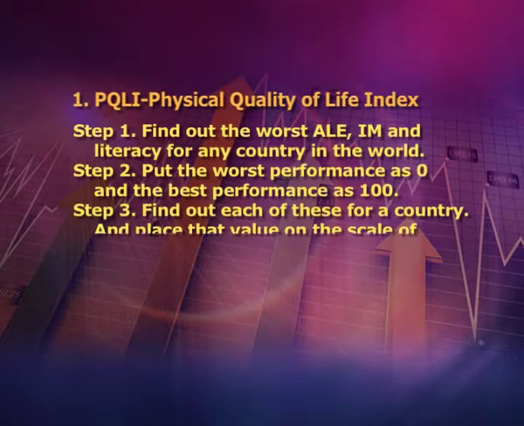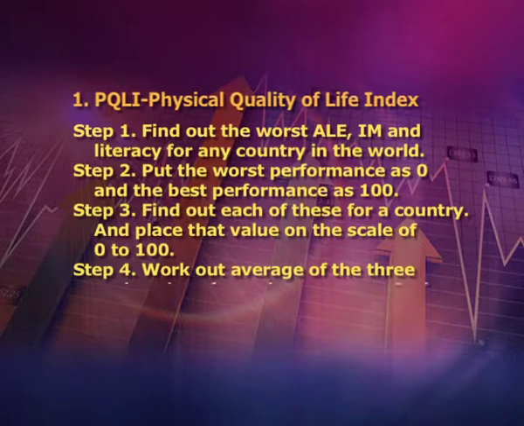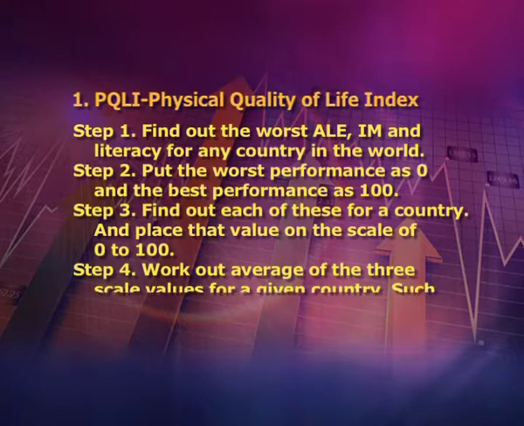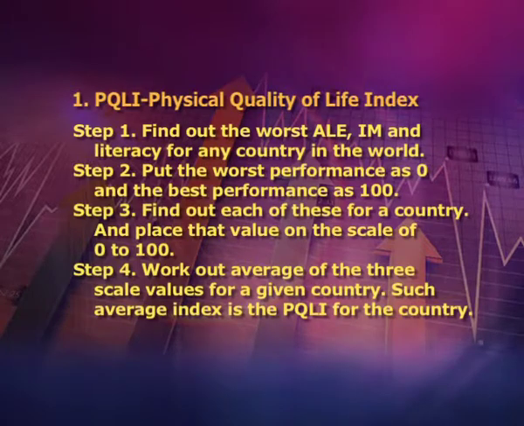Find out each of these for any given country and place the actual value of these for this country on the scale of 0 to 100. Step 4. Work out the average of the 3 scale values for any given country. Such an average index is the PQLI for the country.